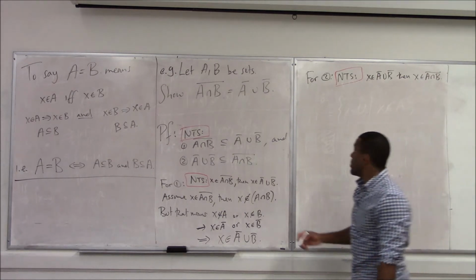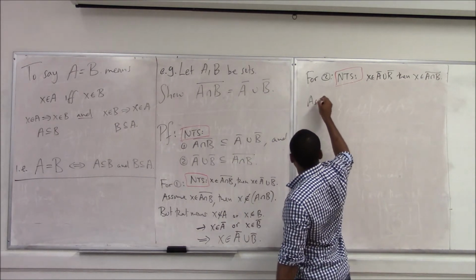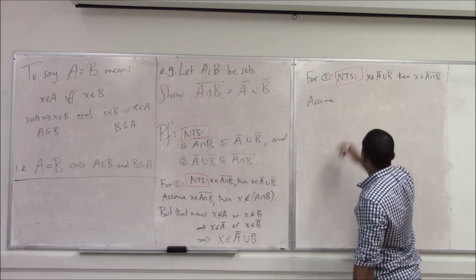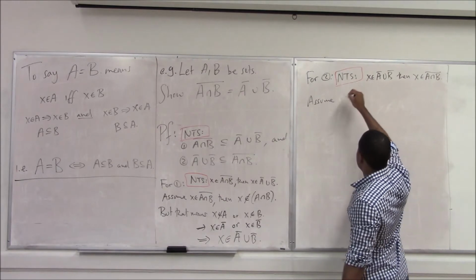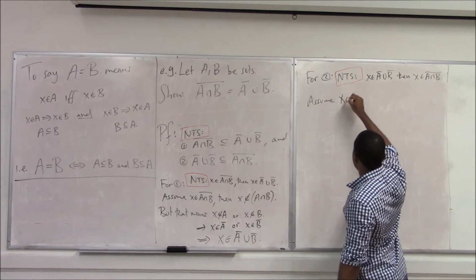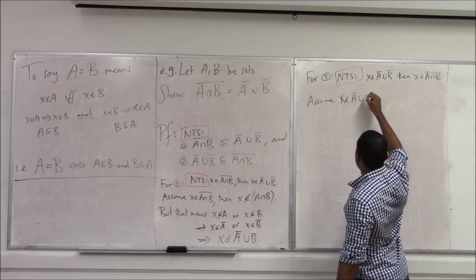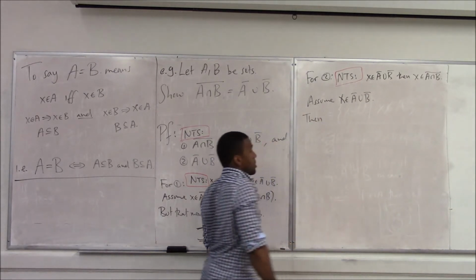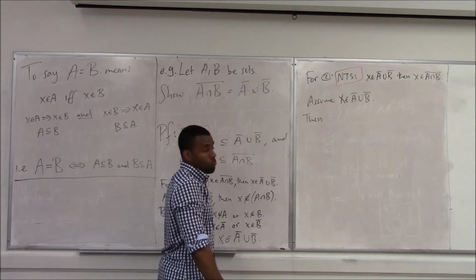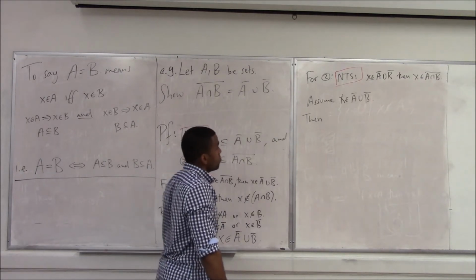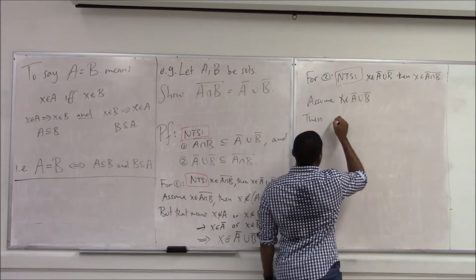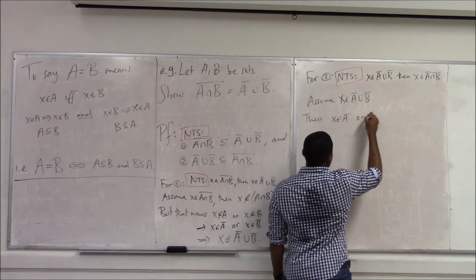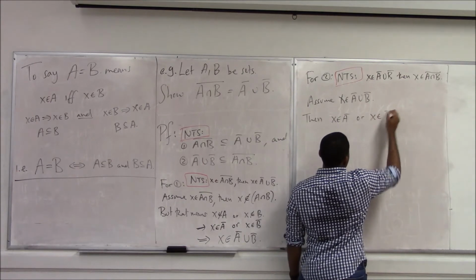How do you want to do that? Directly? Indirectly? Direct. Assume x is in the union. Then x is in A complement or x is in B complement.